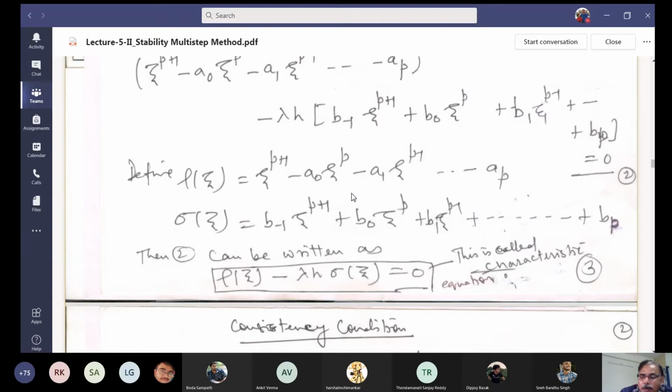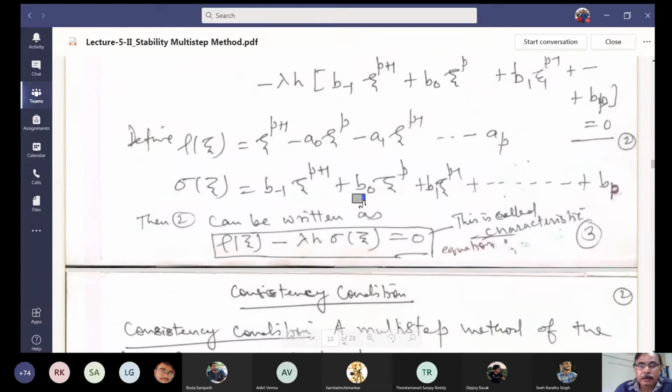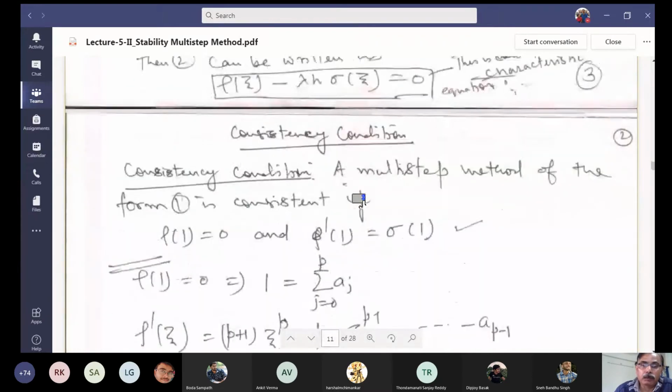So it will have roots, let us say xi1, xi2, and so on and so forth. So either xi1 is the same as xi2, that is, xi1 has multiplicity more than 1, or it may be simple, meaning its multiplicity is 1. That's right. So if any one of the roots lies on the unit circle, that should be simple, meaning it cannot have multiple roots at that point.